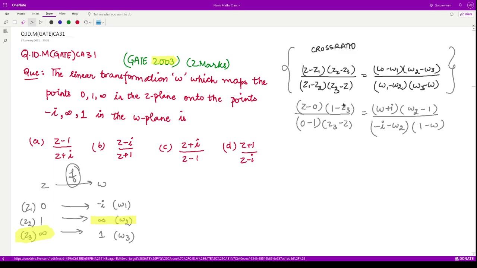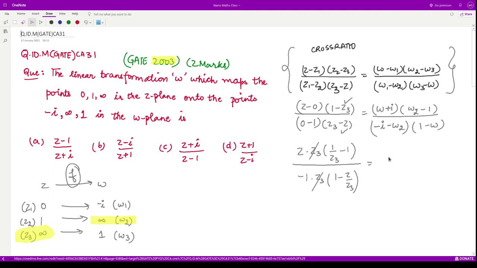Now from these two terms we can take z3 common. So here we would have z multiplied by z3 multiplied by 1 by z3 minus 1, and here we have minus 1 and we can take z3 common, so it would be 1 minus z upon z3. So this z3 and this z3 cancel.